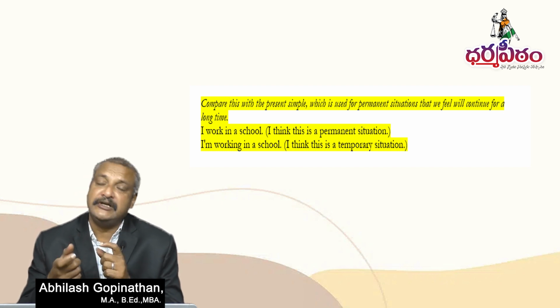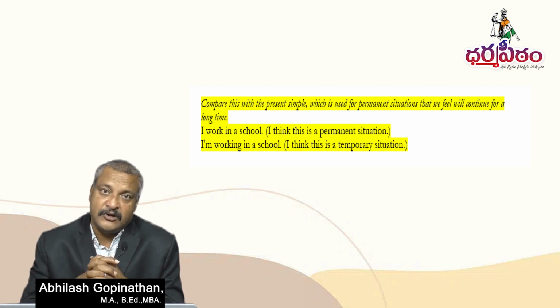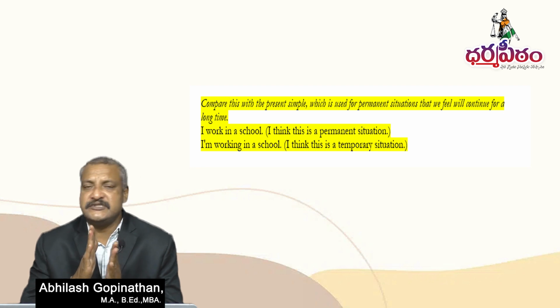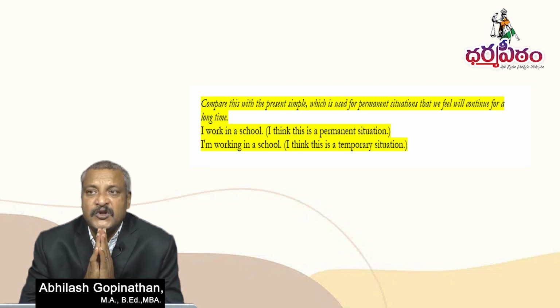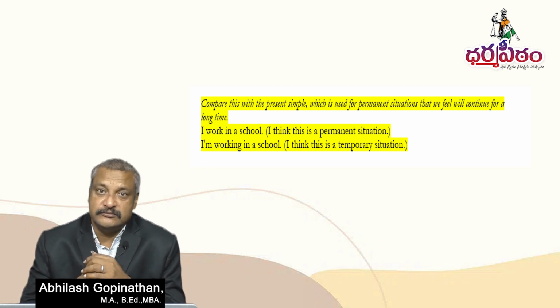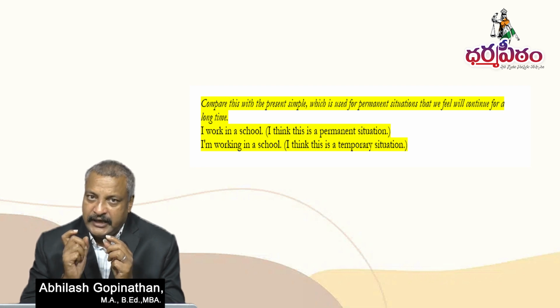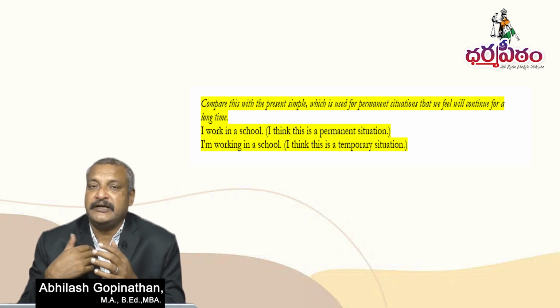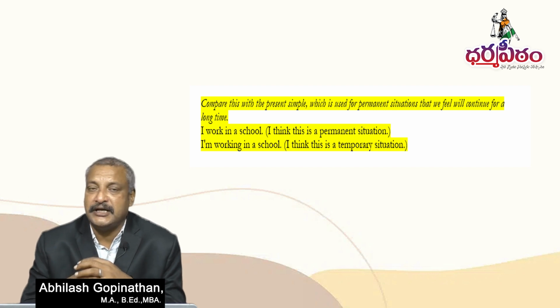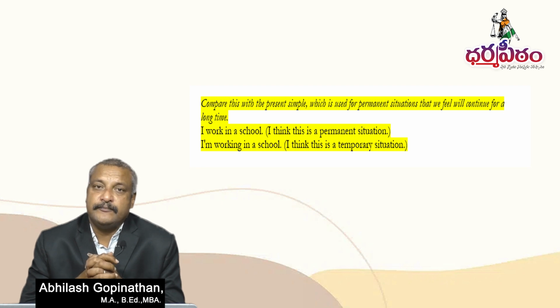I am working in a school is a sentence in present continuous tense. Both are almost expressing the same kind of scenario. What is the difference between I work in a school and I am working in a school? These are the kinds of things that we need to catch and remember so that we can improve our efficiency in the English language.